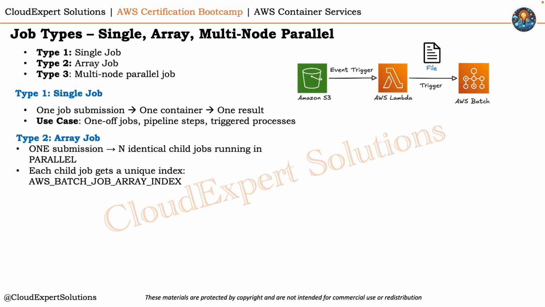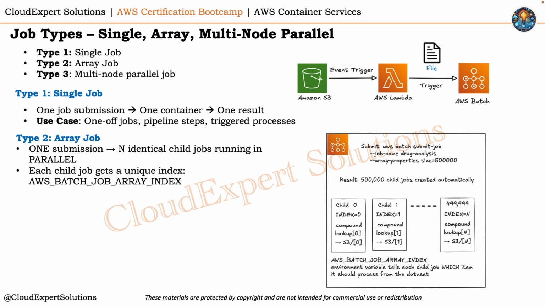Going back to our pharmaceutical example, instead of writing a loop to submit 500,000 individual jobs, you submit one array job with size 500,000 and Batch creates all 500,000 child jobs and schedules them across your compute fleet. Child 0 processes item 0, child 1 processes item 1 and so on.